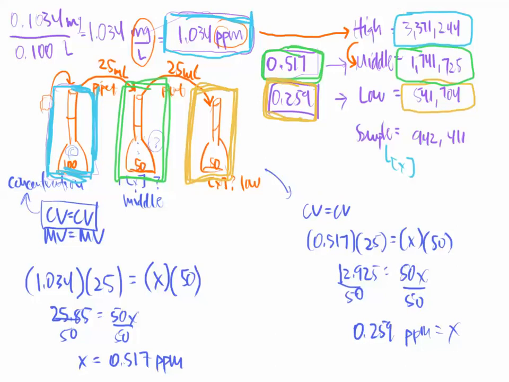And then you dilute them from that point on. But you've got to know a starting concentration before you do anything else. Okay, so in the next video, we will then take these concentrations that I now know, and I will show you how to make a calibration curve using Excel.